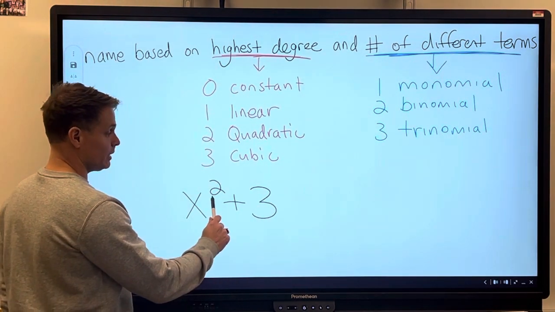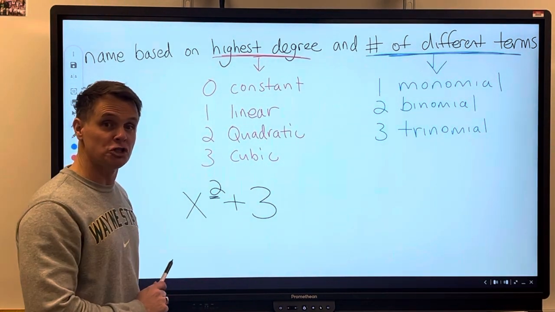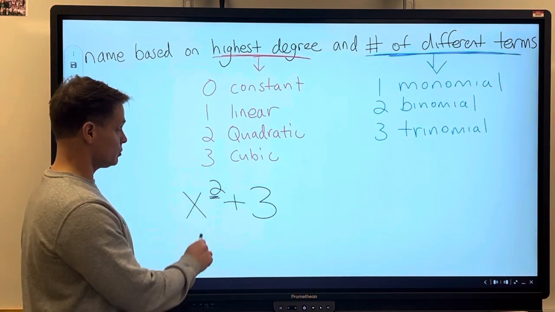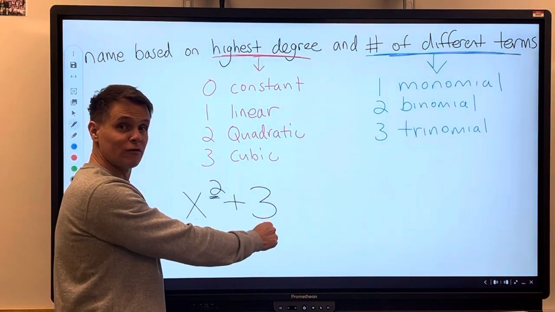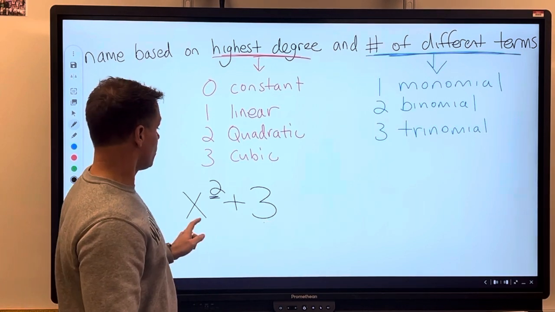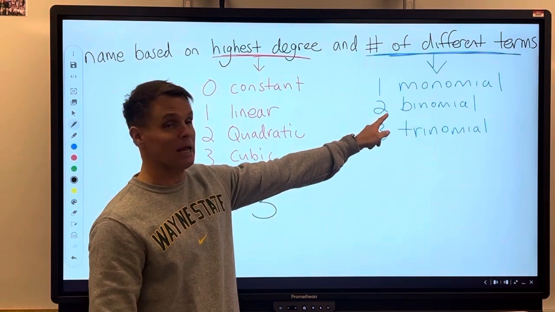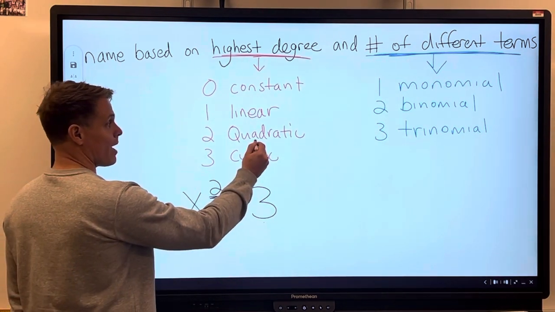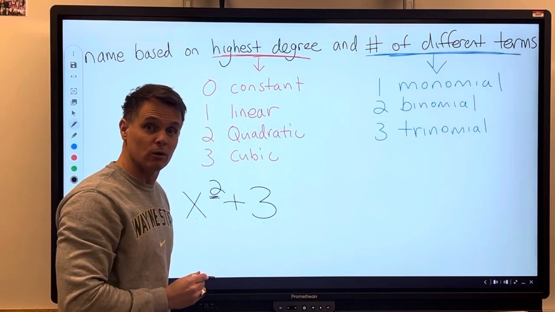Its highest degree is squared, a 2. So it's a quadratic, and there's 2 different terms. So if there's 2 different terms, then it's a binomial. So the way we would name it is a quadratic binomial.